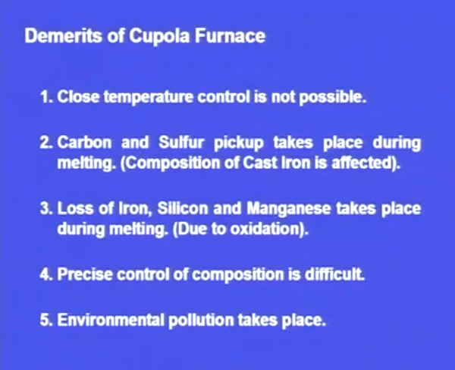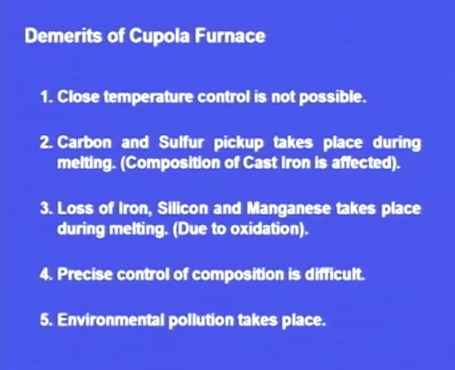Similarly, manganese reacts with oxygen, and once they form oxides, they will be eliminated. So this is loss of alloying elements, and due to these reasons precise control of composition is difficult. If we expect some composition, keeping that composition in mind, if we run the furnace, we may get some other composition. So this is another drawback.